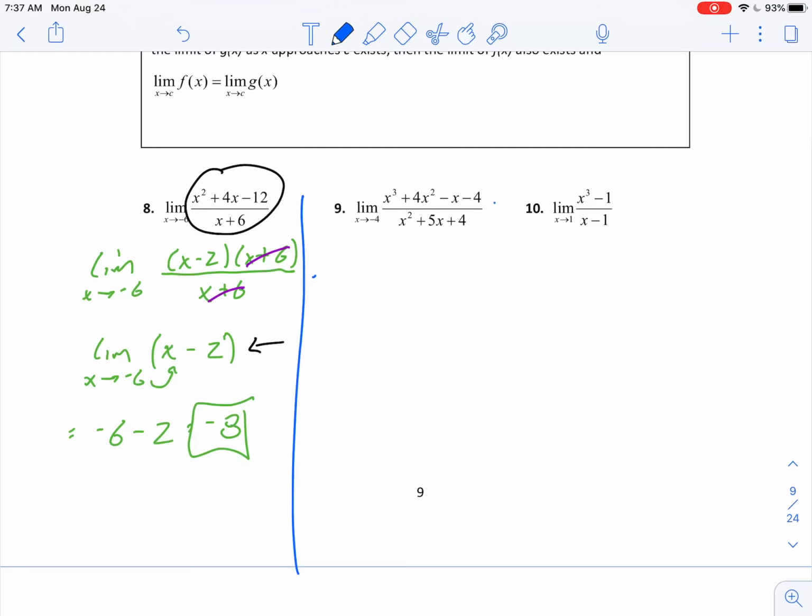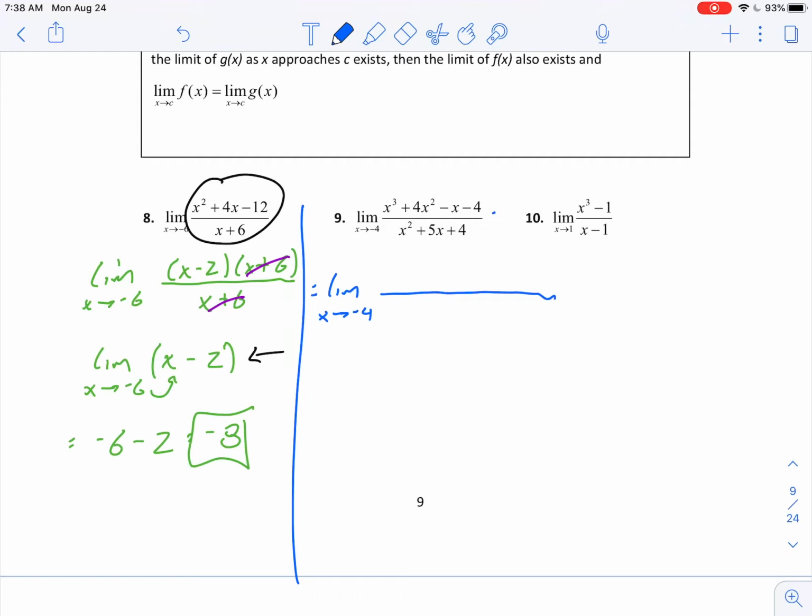So I'm going to factor again. So I have the limit as x approaches negative 4 of, let's see, okay, so I have 4 terms up here, so I'm going to factor by grouping. The first 2 terms I'm going to take out an x squared, and the next 2 terms I'm going to take out a negative 1. And I get the same binomial in the parentheses, so I know that's good.